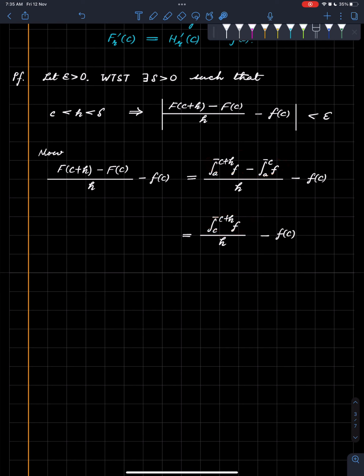Here we used one of the things that we just recalled, that the upper integral you can break apart into two parts. So this upper integral you can break apart as a sum of that, and therefore the difference is that. So we recalled this in the beginning of this lecture.